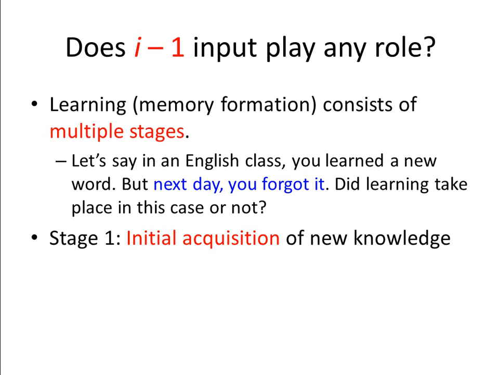So for example, let's say in an English class you learned a new word, but the next day you forgot it. So in this case, did learning take place or not? So you learned it, but you forgot it. Can you say learning took place?